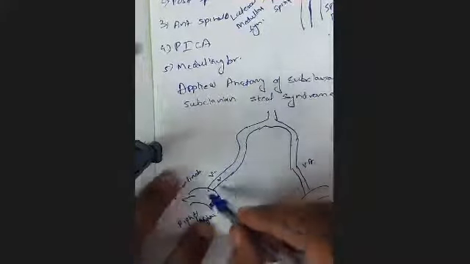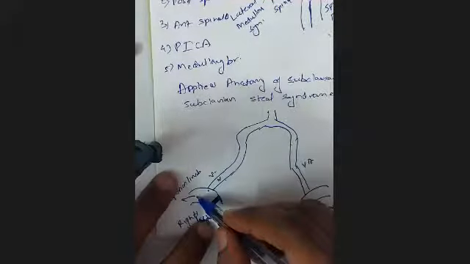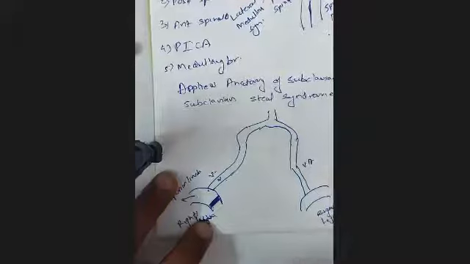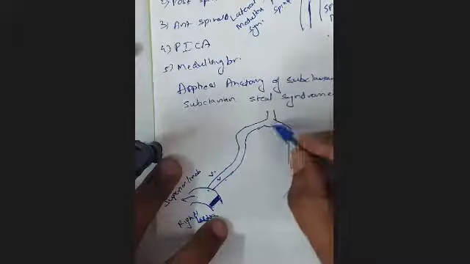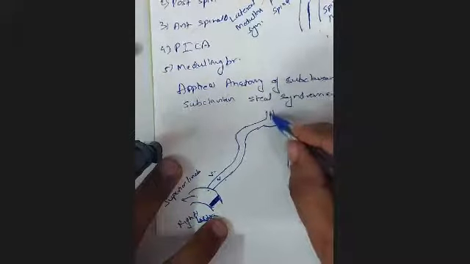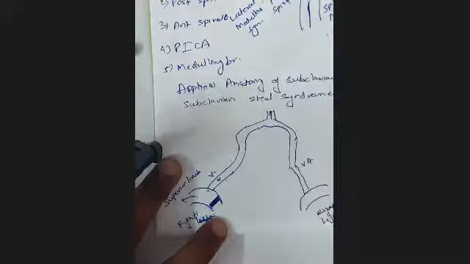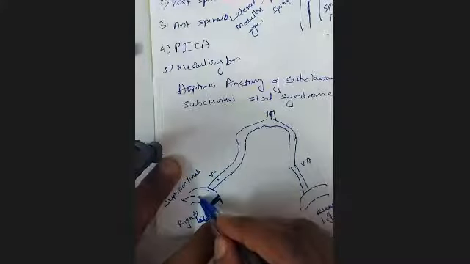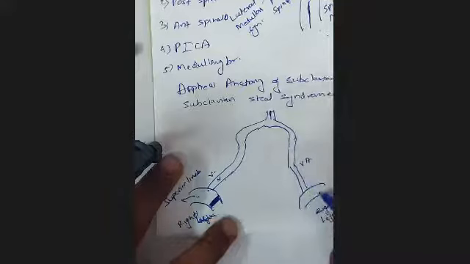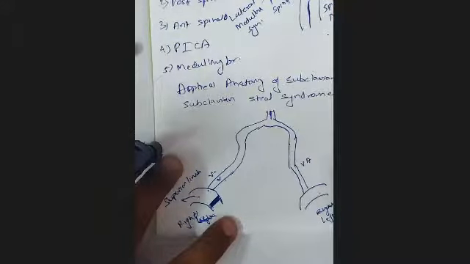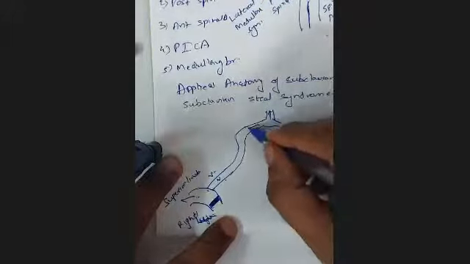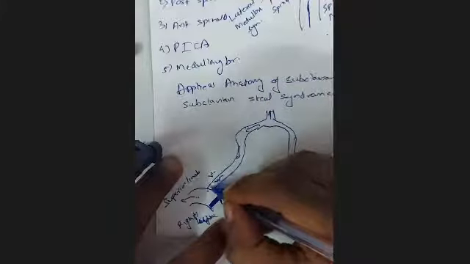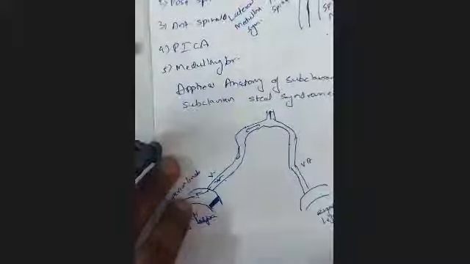So what the upper limb does, because upper limb movement is happening, is that the blood which was going to the brain now starts flowing the other way: the upper limb pulls the blood from the left subclavian through this vertebral artery to this subclavian.